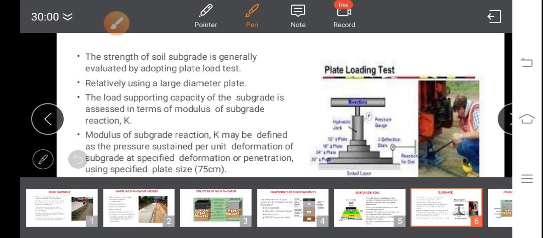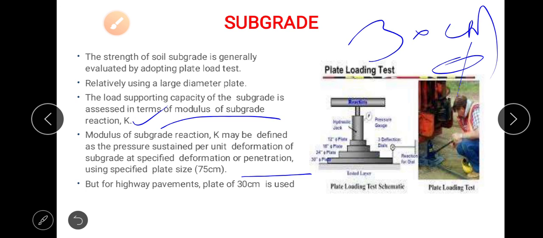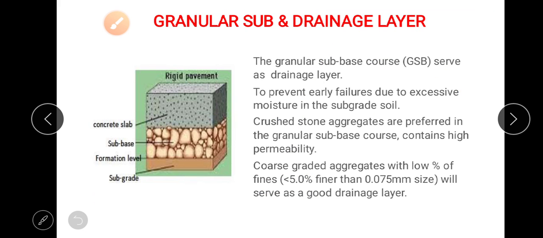The load supporting capacity of the subgrade is assessed in terms of modulus of subgrade reaction K, defined as the pressure sustained per unit deformation of subgrade at specified deformation or penetration using specified plate size, maximum 75 cm, minimum 30 cm diameter. But for highway pavements, a plate of 30 cm, as I have pointed out here, is used.